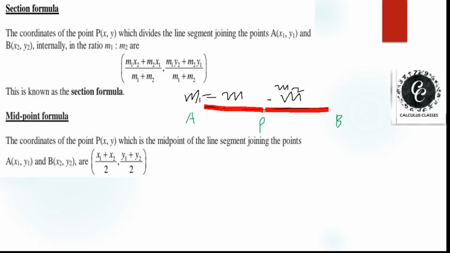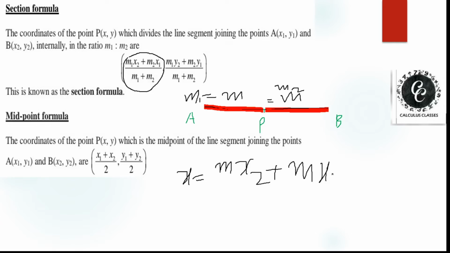So what will come in this case? If we apply this formula, which is already written over here, I will show you with one example, then you can understand the rest. I write the same m in place of m1 with x2, plus again m with x1, upon m1 plus m2, that is m plus m.